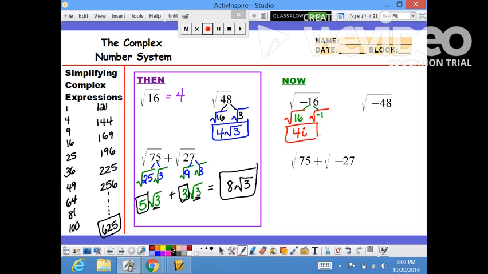Again, the square root of negative 48. Let's break it down. Let's take out that negative 1 first. So 48 times negative 1 gives us negative 48. We need to take the square root of 48 and the square root of negative 1. We have to go back and break down 48 first into a perfect square and another number.